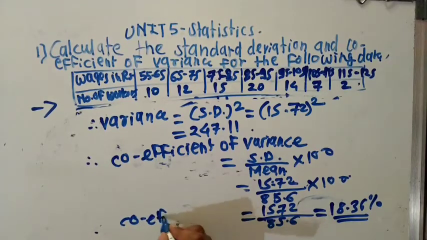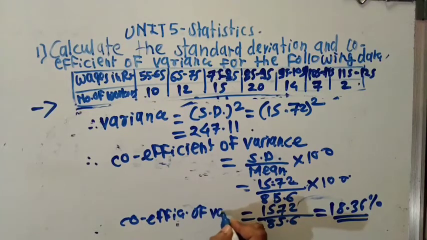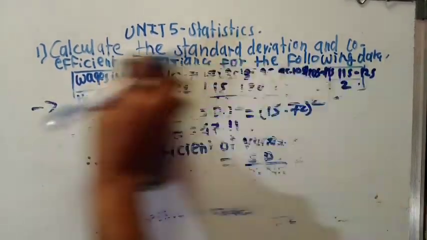Do the division, coefficient of variance. Then we give second example.